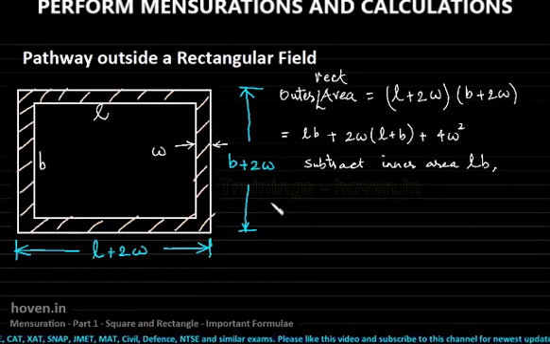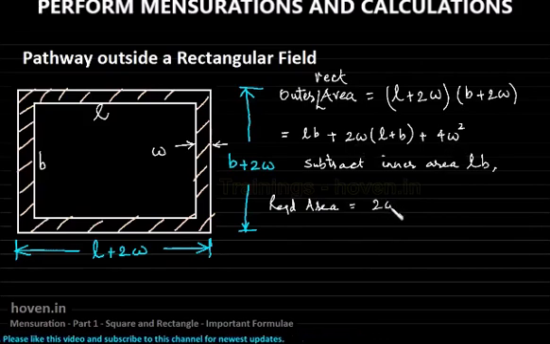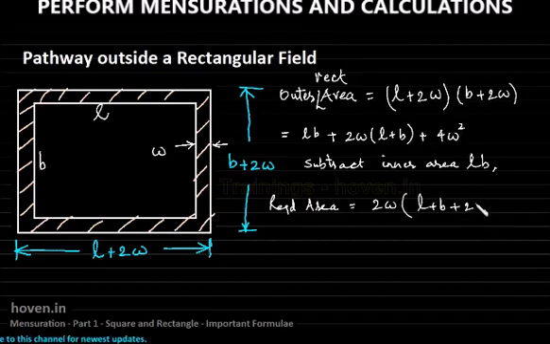So what we will be left with is the required area, this will be the term that will be left. We can take out 2W common. So it will be 2W into L plus B plus 2W. So this will be the required area.